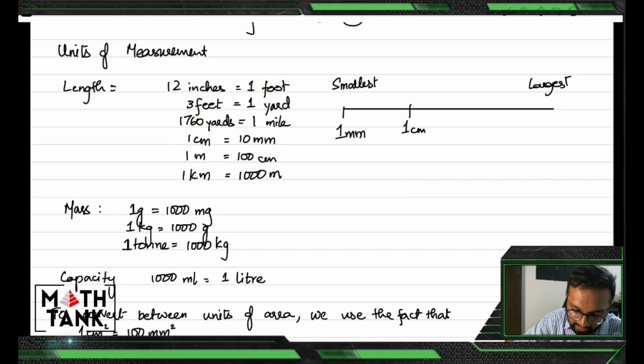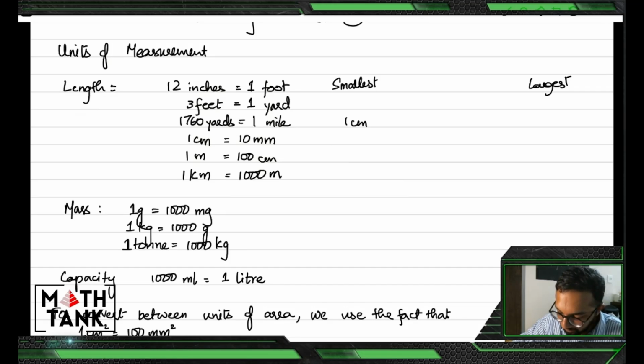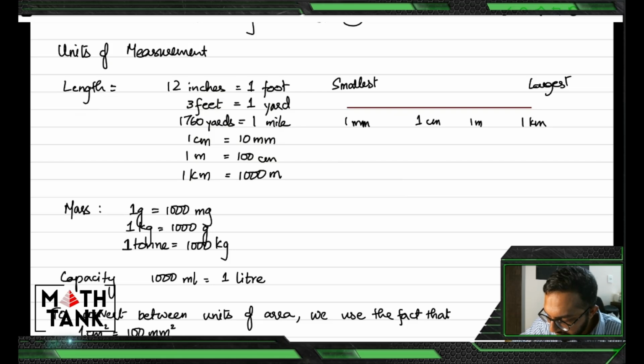This is not a number line, this is just smallest to largest. 1 centimeter is bigger than a millimeter. Then 1 meter is bigger than a centimeter, and then 1 kilometer is the largest unit that you have generally on your exam. So you're going that way. Smallest to largest, that's how I've arranged these values.